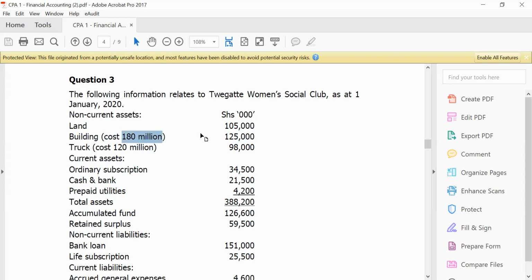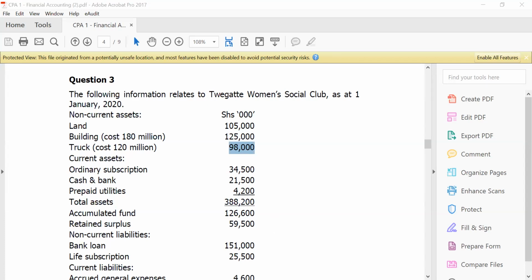As this is cost, the 125 million is the net book value, or what you can call carrying amount. How do we get the 125 million? We get it from cost less accumulated depreciation. So this has already been calculated for you. The same with the truck. The truck is 120 million, and here we can see the value is 98 million.